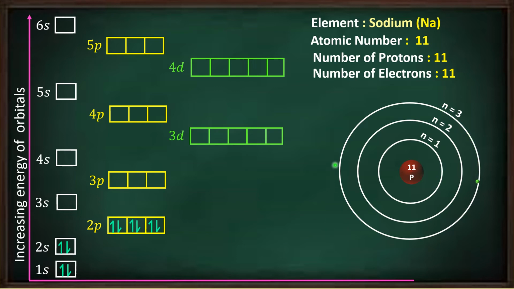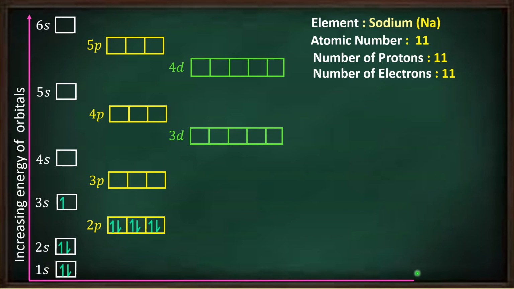The last electron is there in n equal to 3. So the second orbit is completely filled, that is 1s, 2s, 2p orbitals are completely filled. Next electron enters into 3s. So the electron which is revolving in the third orbit enters into 3s orbital. So the electronic configuration is 1s2, 2s2, in 2p there are 6 electrons, 2p6, and 3s1.